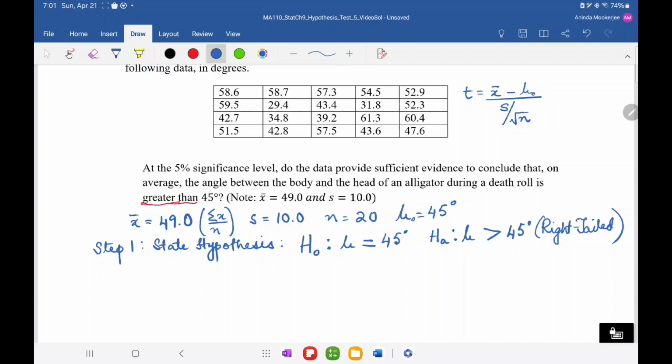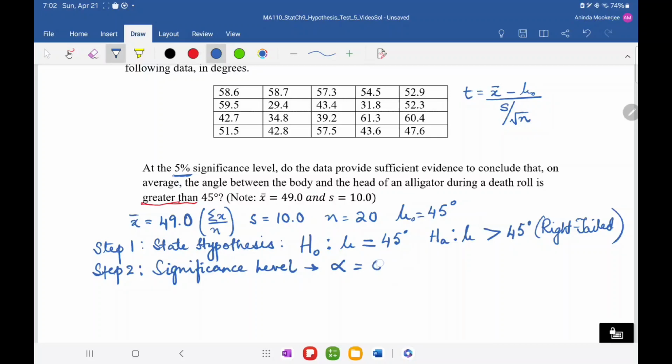So now we've completed step 1. Step 2 is to determine the significance level, or the alpha value. Alpha here comes from the significance level, which is 5%, but the alpha value is a decimal. It's the decimal version of that 5%.